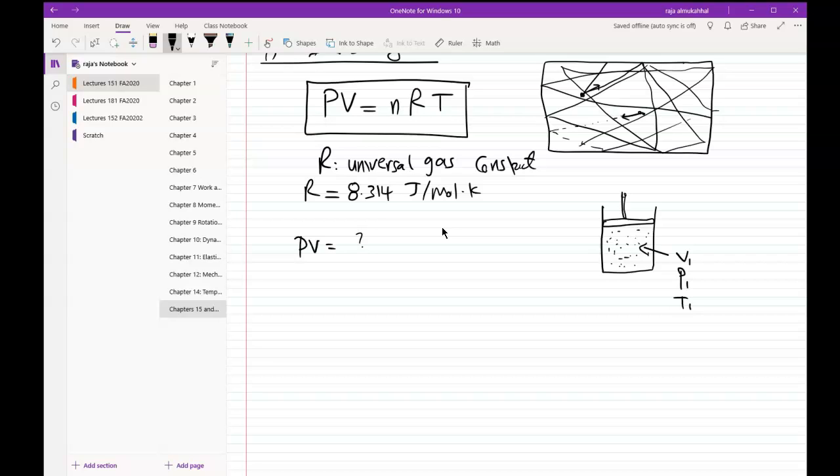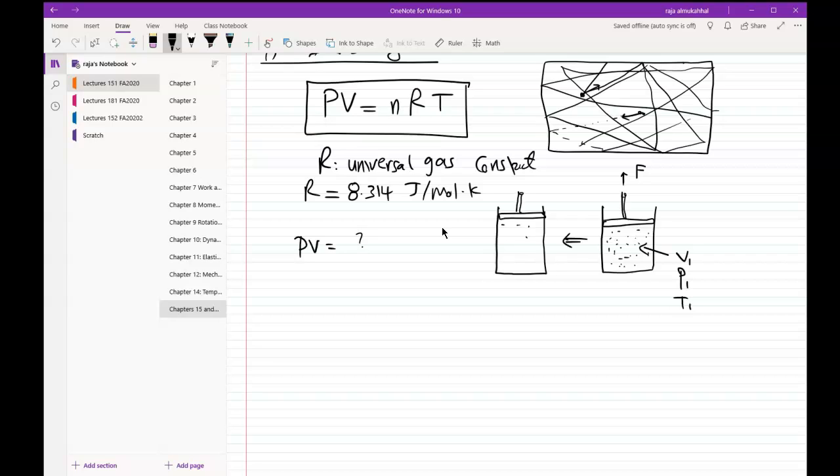Okay, so I prepare the system at a certain PVT. Now let's assume that I'm going to pull the piston upward like this with a force. So now the piston looks something like that. Here is the cylinder, and now the piston is a little bit above, right here.